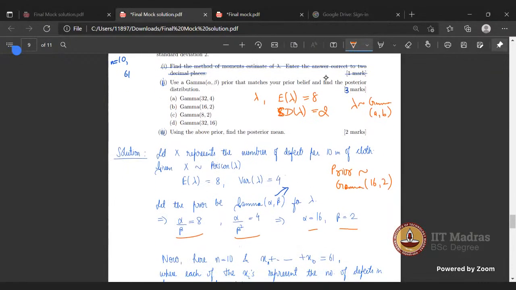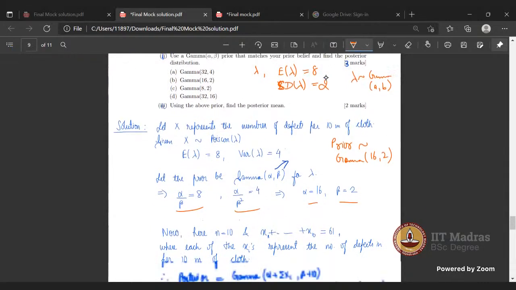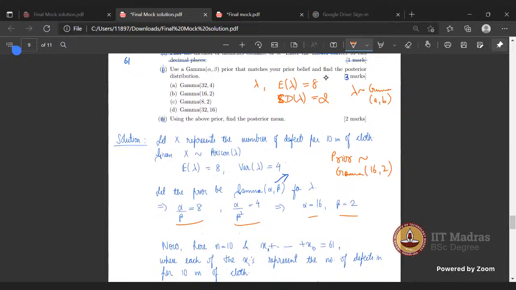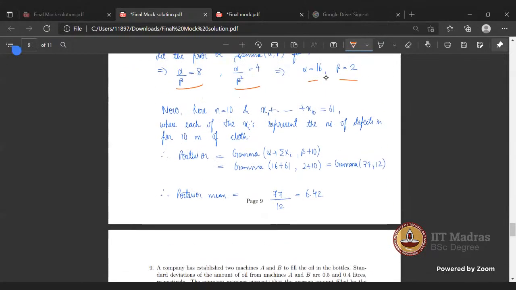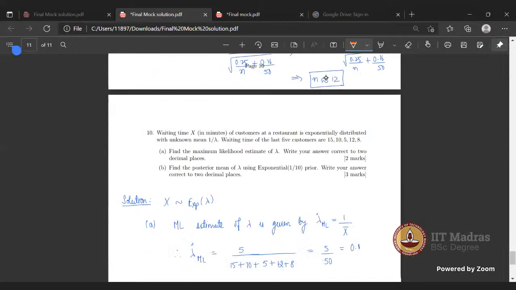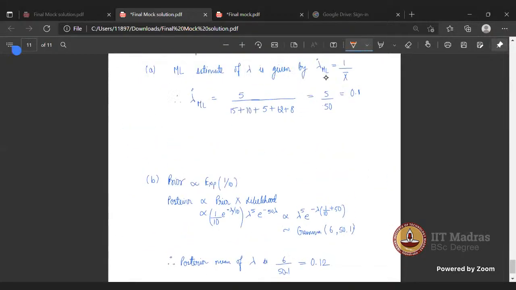Now I have to find the posterior. So how do you find the posterior? Proportional to prior multiplied by likelihood. Yeah, so the posterior is given by prior times likelihood. So prior I obtained to be gamma 16, 2. And what is likelihood?